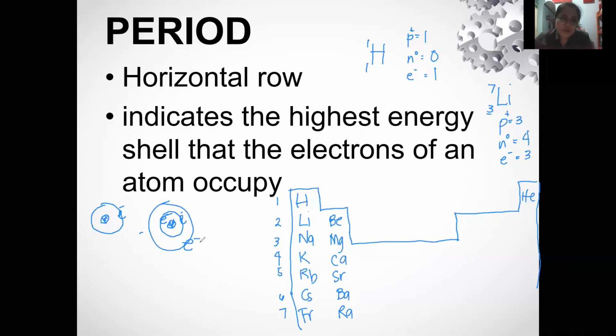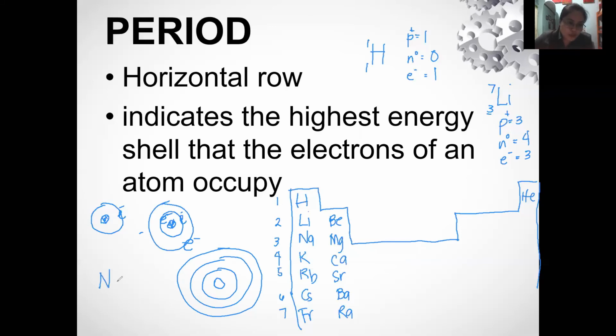The same thing with sodium, class. Sodium belongs to period number 3, which means, aside from the nucleus at the center, meron siyang tatlong energy shell. Therefore, let's look at sodium. Sodium is 11, 23, which means meron siyang 11 na protons.